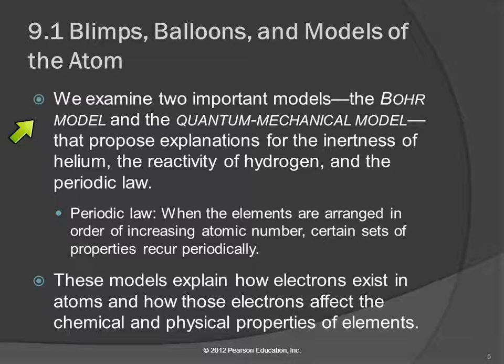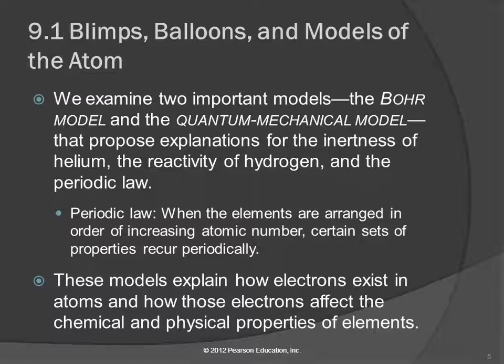Remember, models or theories propose explanations. Laws say what happens. Theories and models help us to understand why, and they help us to predict what might happen in the future. So these help us to also understand the periodic law. The periodic law is this: when the elements are arranged in order of increasing atomic number, certain sets of properties recur periodically.